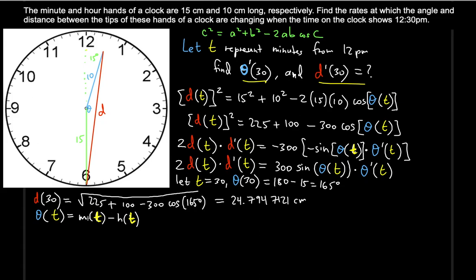So we need to find m of t and h of t. That represents the number of degrees per t minutes for the minute hand and the hour hand. So let's find that. The minute hand is going to be what? You know that it covers 360 degrees per 1 hour, and then 1 hour takes 60 minutes, and then multiply that by t minutes.